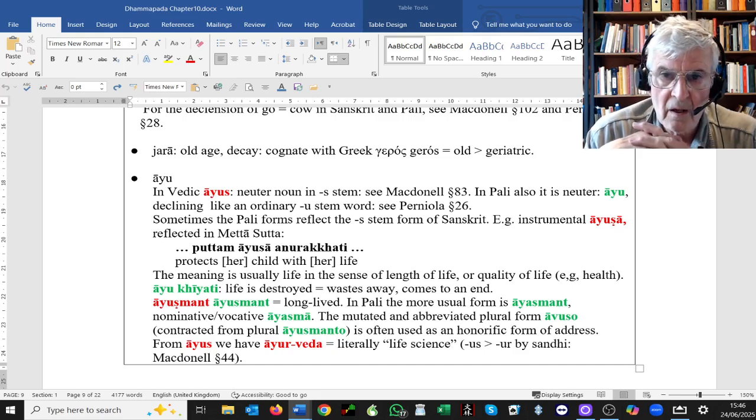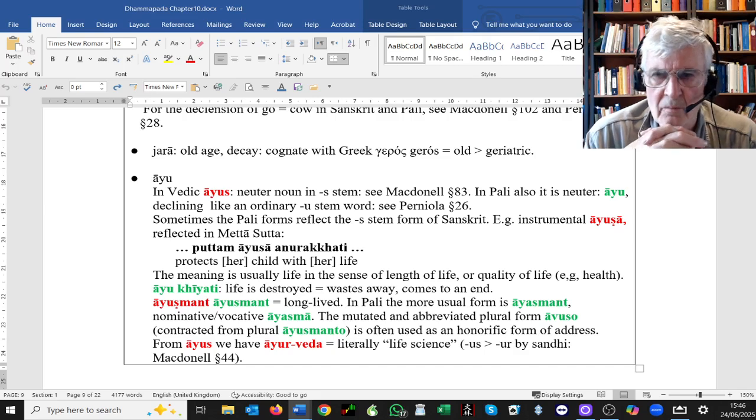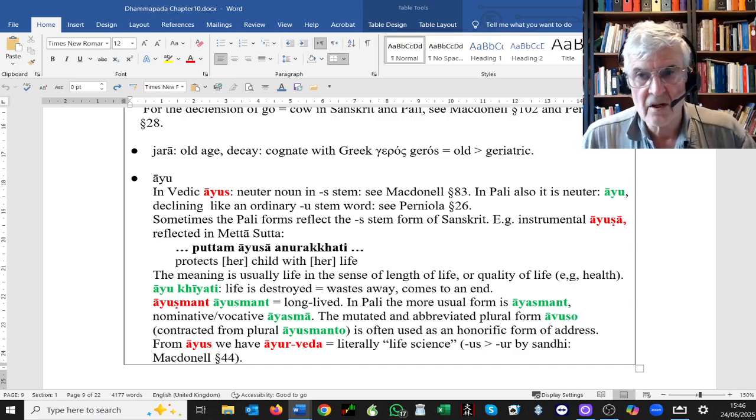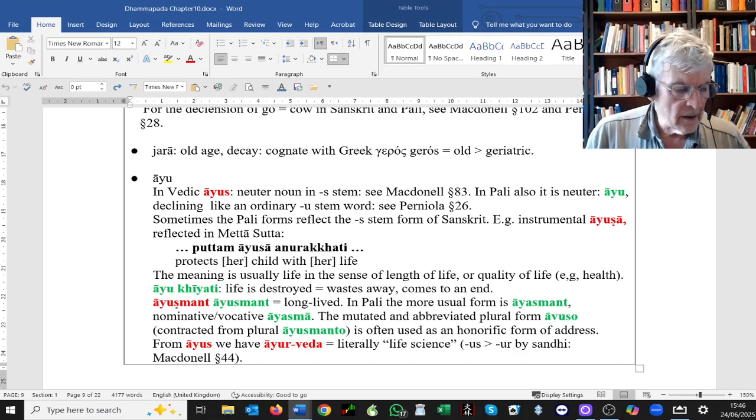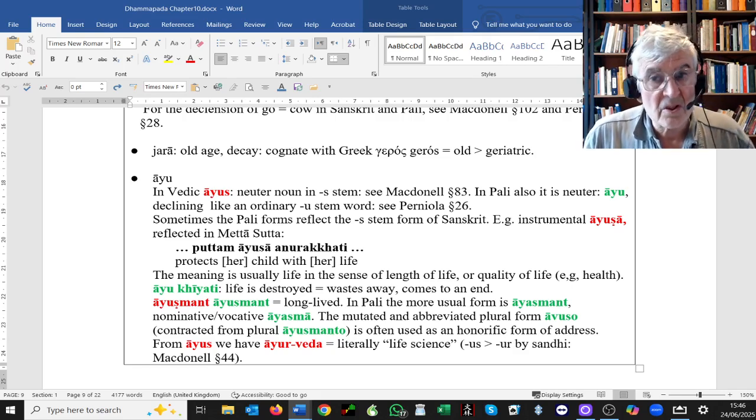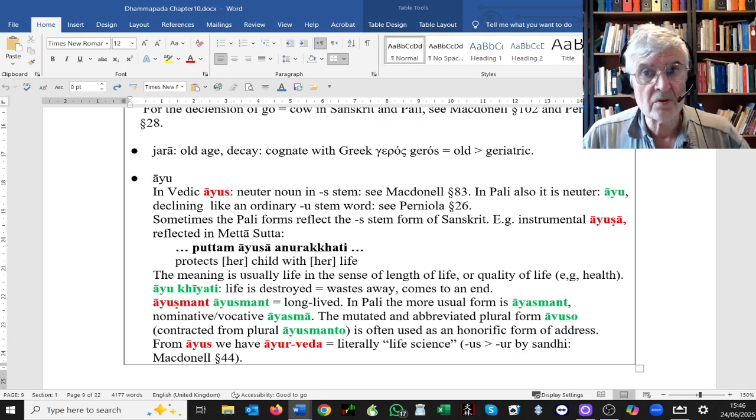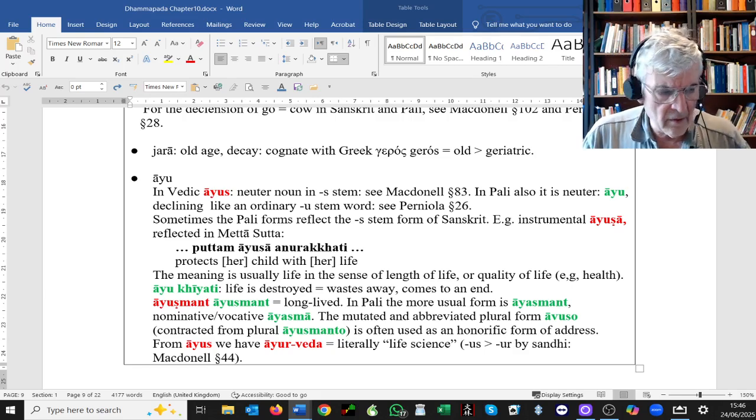You say both avuso and ayasma. They're variants of the same word. It's ayushman in Sanskrit, avuso and ayasma in Pali, meaning "O thou of long life." It's a respectful greeting and can be used among equals. You often find that it's used among the monks.